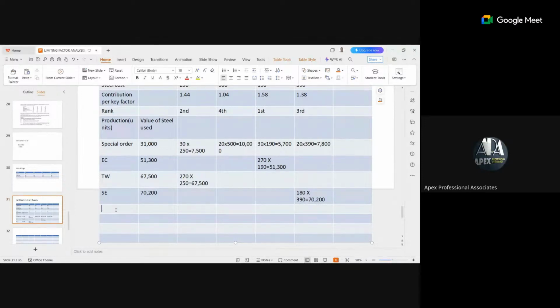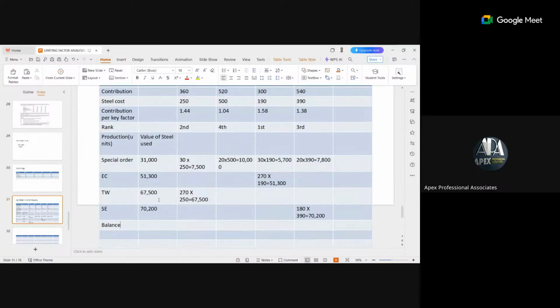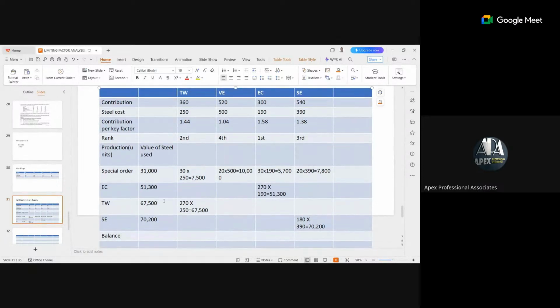Let me put it here. Balance. So which is ranking next? VE is ranking next. And for VE, we have 200. We've allocated 20. We are left with 180.